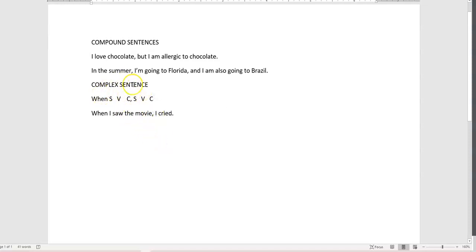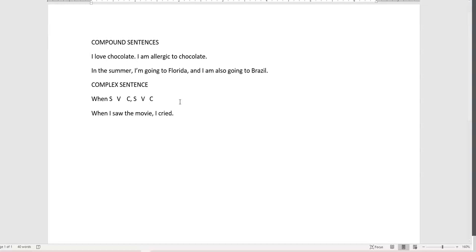This is called a complex sentence, meaning the first part of the sentence cannot stand alone. I cannot put a period right here. It would be a fragment. If you look at a compound sentence, I can put a period right here, and I can eliminate but. I have two simple sentences, two independent, complete ideas. I love chocolate.